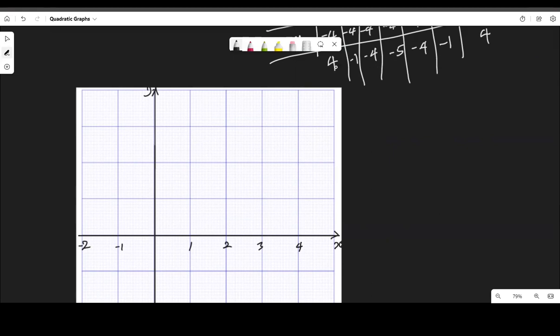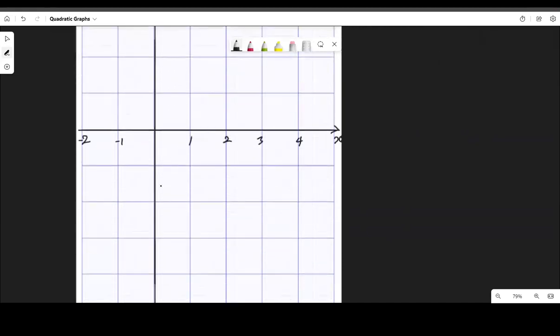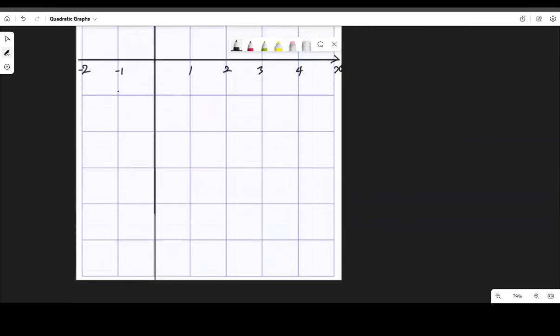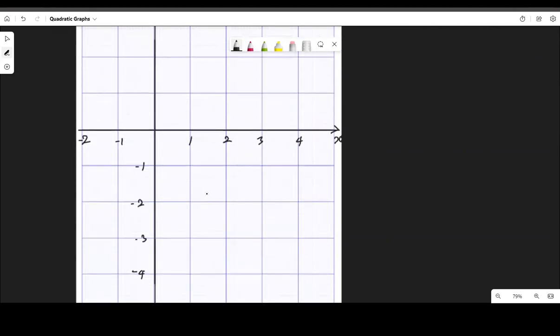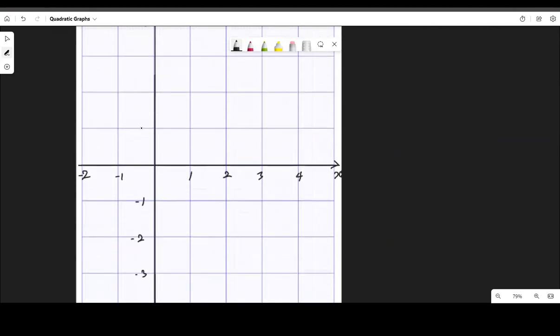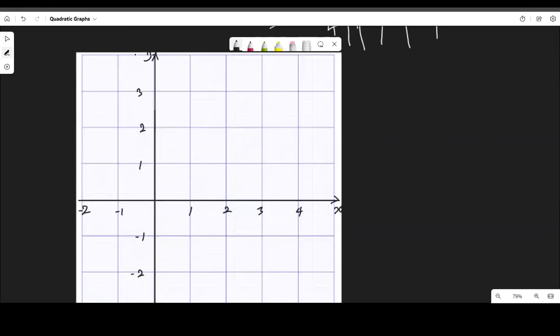The highest positive is positive 4. So I leave more space to the negative since the negative values are more. So I'll have negative 1 here, negative 2, negative 3, negative 4, and negative 5. Using a scale of 2 centimeters to 1 unit on both axes, this is 1, this is 2, this is 3, and the extreme end here is 4.